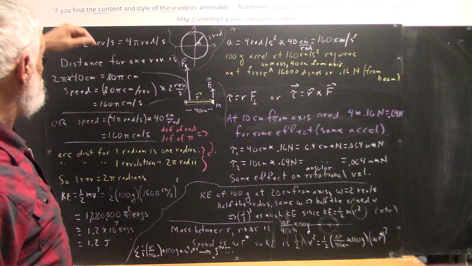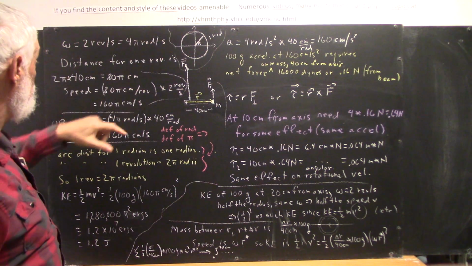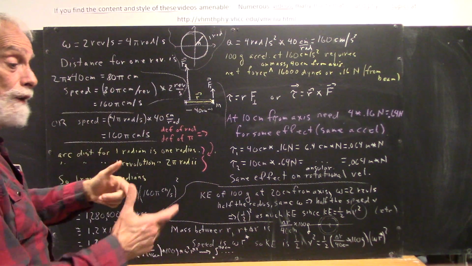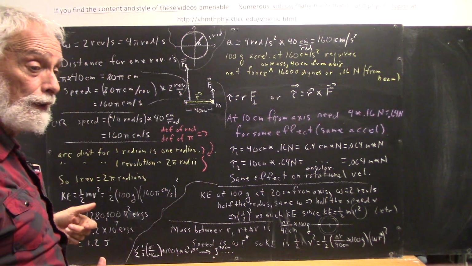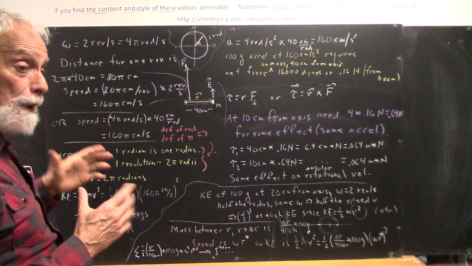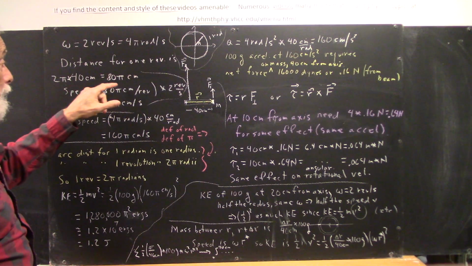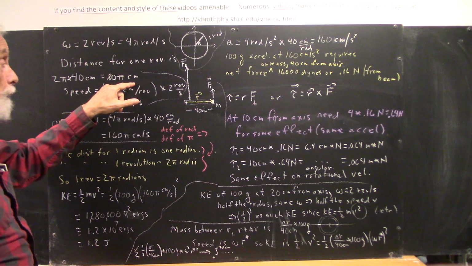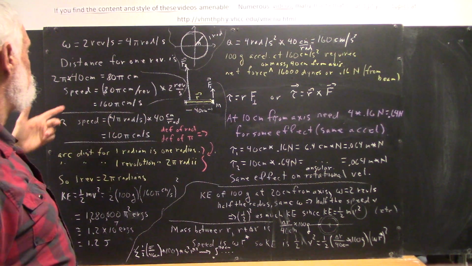Okay, the distance for 1 revolution is then the circumference of a circle of 40 centimeter radius. That's going to be pi times the diameter of the circle, or 2 pi times the radius, 80 pi centimeters for every revolution. What's the speed?